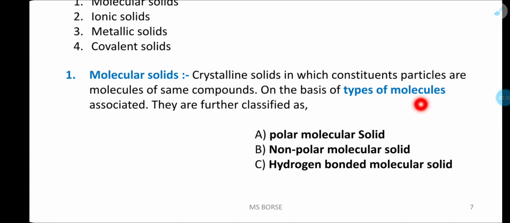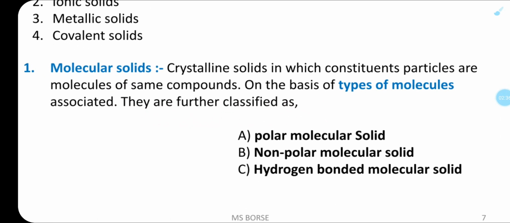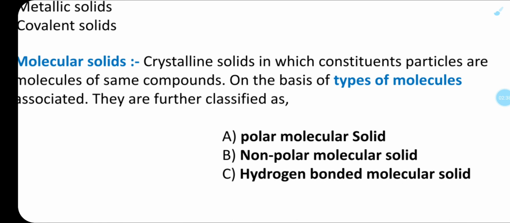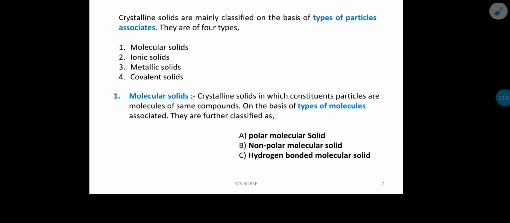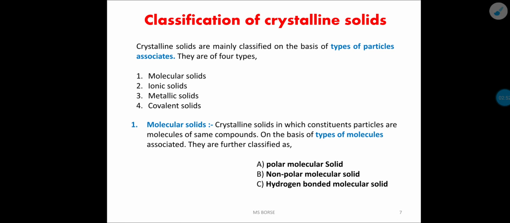On the basis of the types of molecules, the molecular solids are further classified into polar molecular solid, non-polar molecular solid, or molecular solids having hydrogen bonds. That means if molecules are polar, then they may be polar molecular solids.